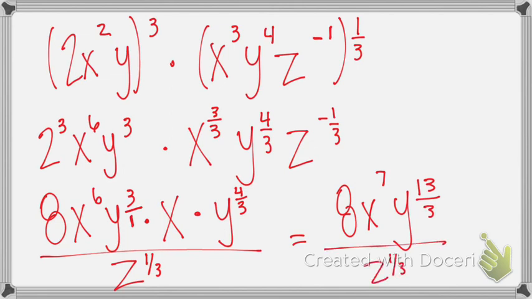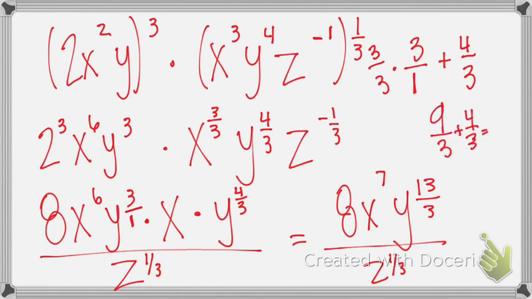So how I got that 13 over 3, I have a 3 over 1 plus a 4 over 3. So what I'm trying to do is get the same common denominator. So I multiply by 3, and I have a 9 over 3 plus a 4 over 3, which gives me a 13 over 3. Okay, so this is my answer.